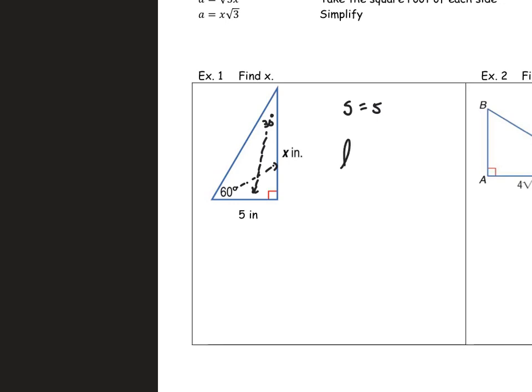So the long leg is equal to the short leg times the square root of 3. So in this problem, the long leg is x, so x is equal to the short leg, 5, times the square root of 3, so x is 5 square roots of 3.